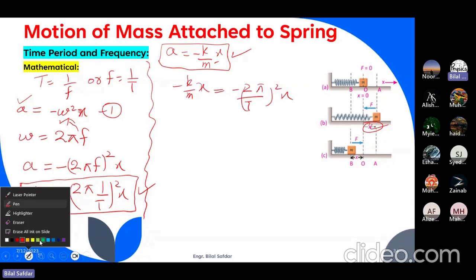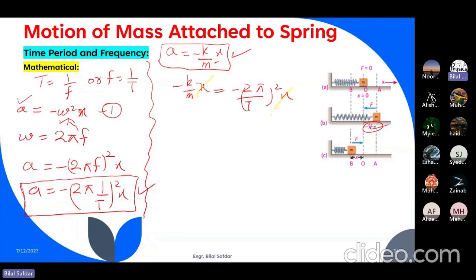Okay, and we have to cut the x on both sides, and the minus is also cancelled on both sides, and we get k over m equal to 2 pi divided by t. Now we have to find the time period, so we shift it to the left side. It is dividing here, and on the left side it is multiplying. T is equal to 2 pi divided by k over m.